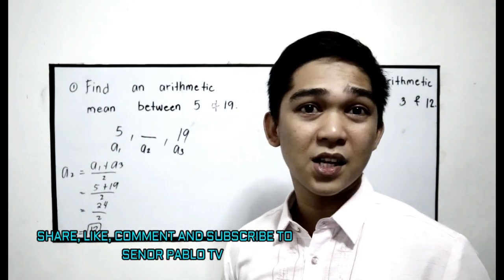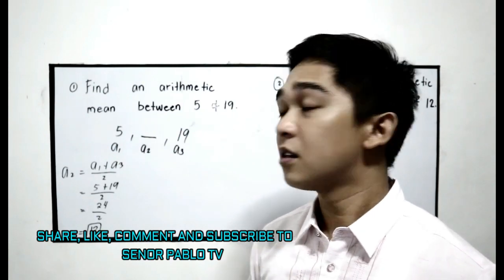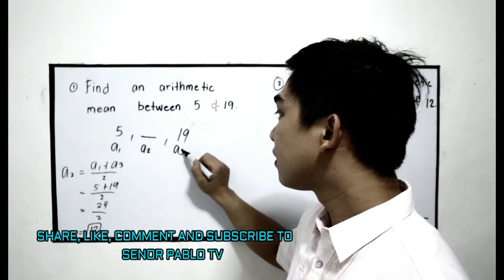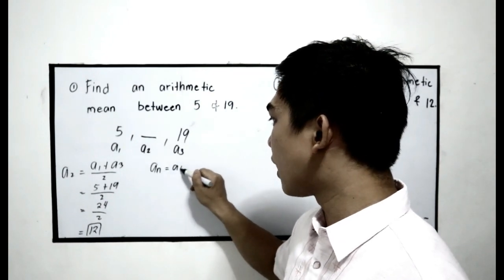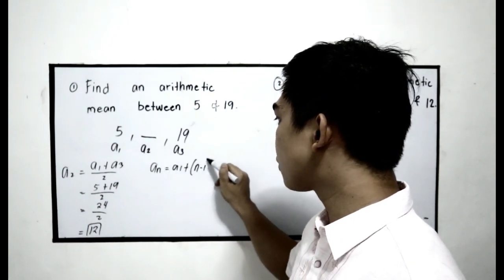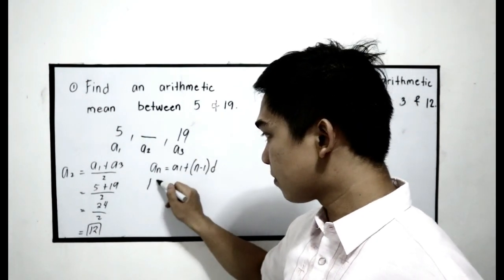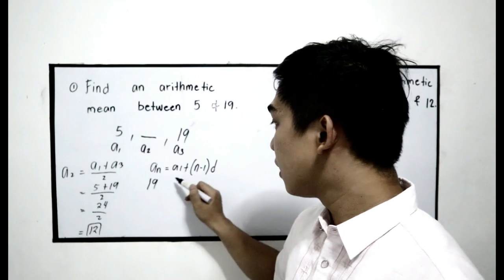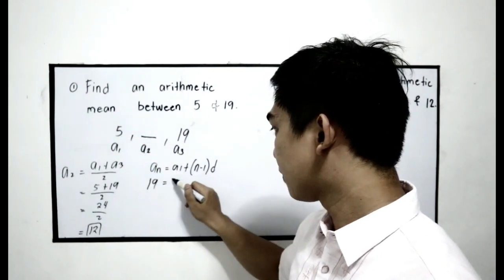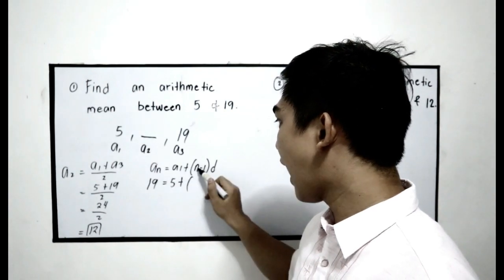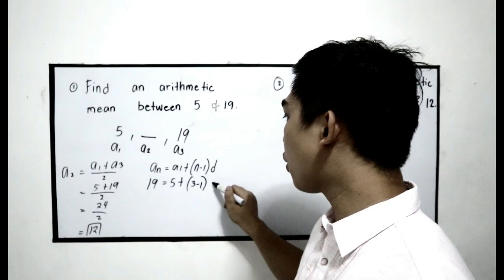Now let us check using our formula. Let us find the common difference. Since we have an is equal to a1 plus n minus 1 d, an is 19. Substitute: 19 is equal to a1, which is 5, plus n, that is 3, minus 1, we're going to find d.